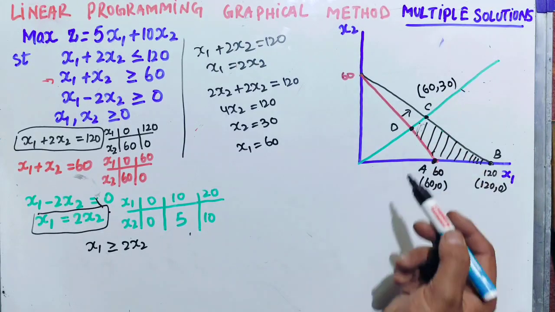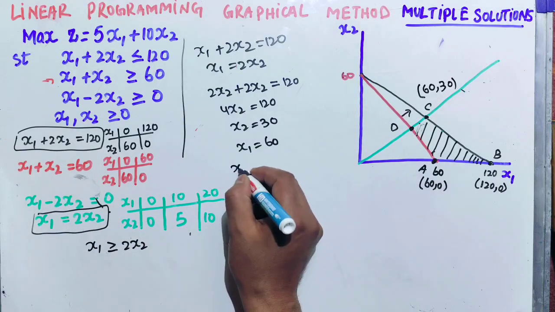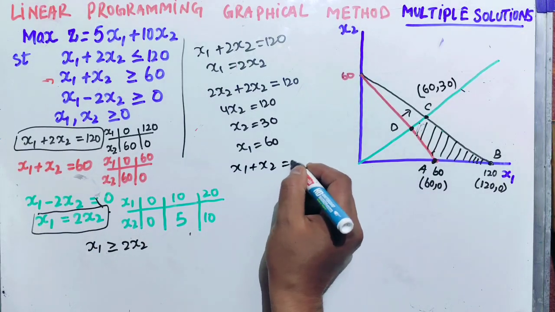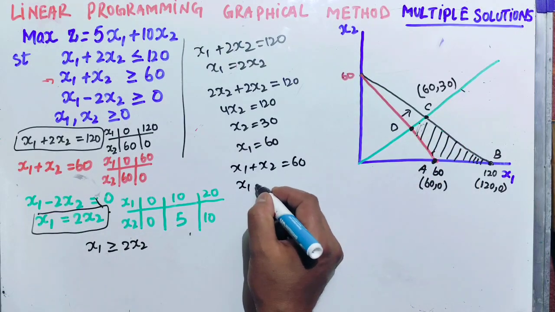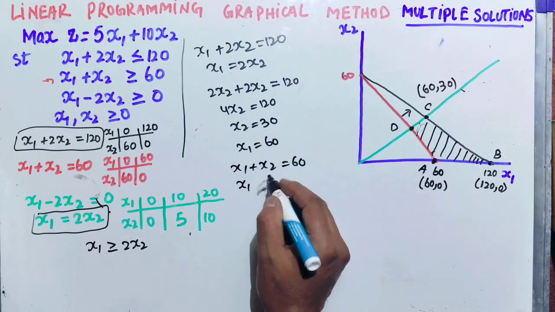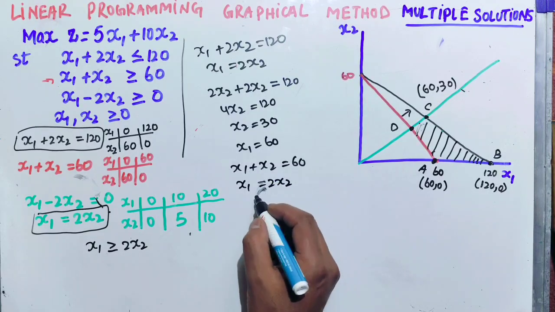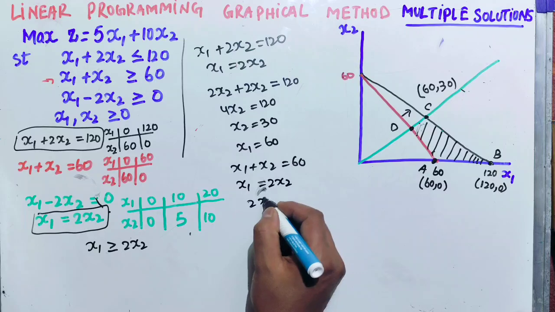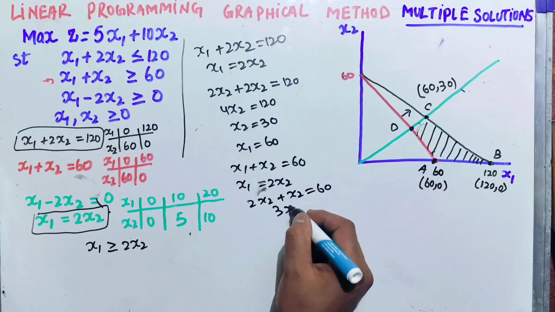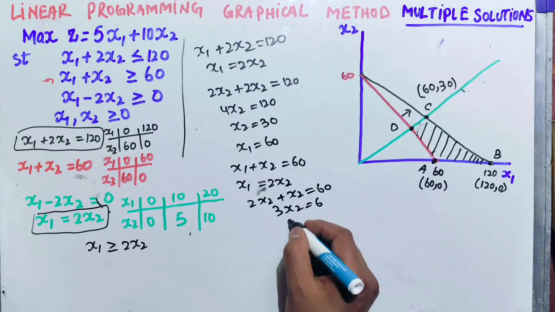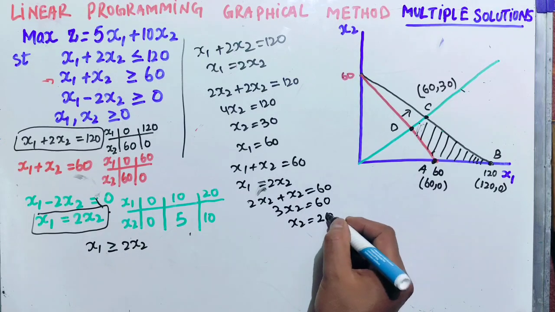What about the coordinates of point D? So we have the red line corresponds to x1 plus x2 is equal to 60, and we have this green line, it corresponds to x1 is equal to 2x2. Solving this, plug the value of x1 equal to 2x2 in this equation, so we get 2x2 plus x2 is equal to 60, or 3x2 is equal to 60, or x2 will be equal to 60 upon 3, which is 20.